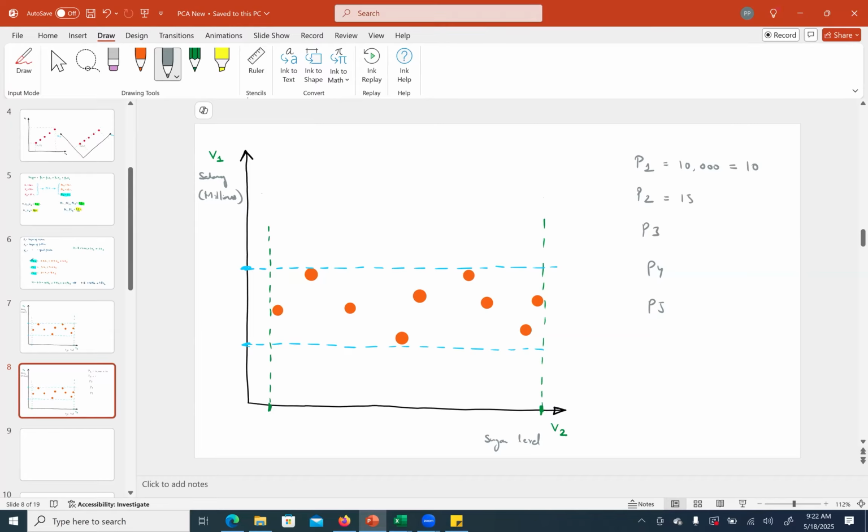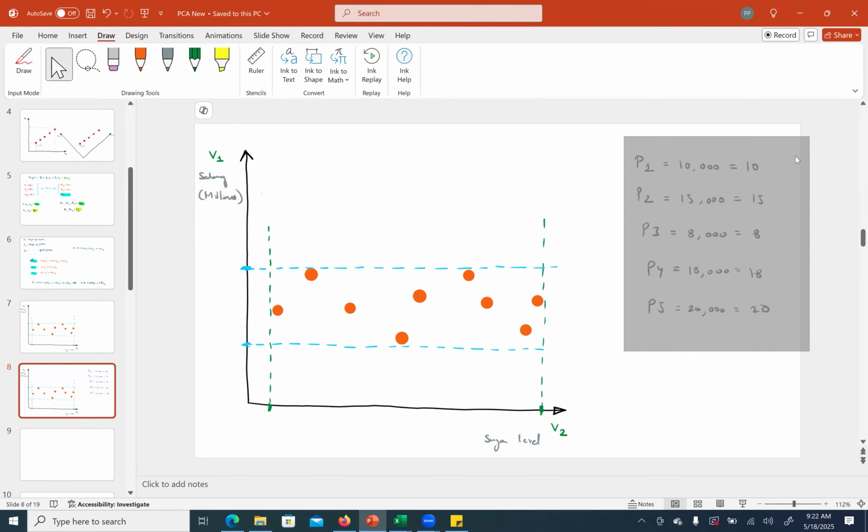If someone is earning 15,000, then the salary in thousands will be 15. Similarly, if someone is earning 8,000, the value will be 8. Someone earning 18,000, the value will be 18. 20,000, the value will be 20. Okay, so that is what the case is as of now.